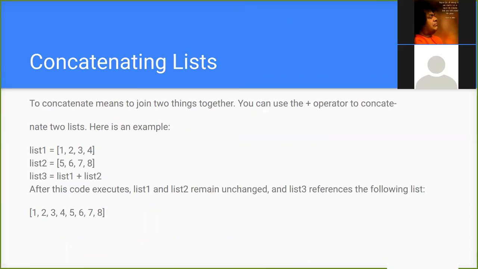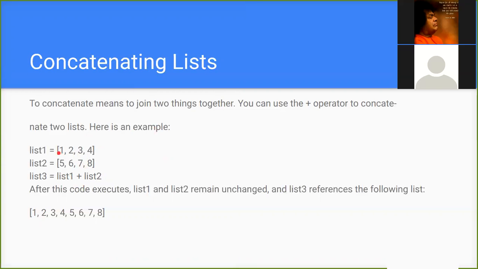Now let us move on to the concept of concatenating two lists. Concatenating simply means that you can join things together. How that actually happens is you can use the addition operator. We had also seen the multiplication operator, which is the repeater operator. Now this is a concatenating operator, which means the addition.